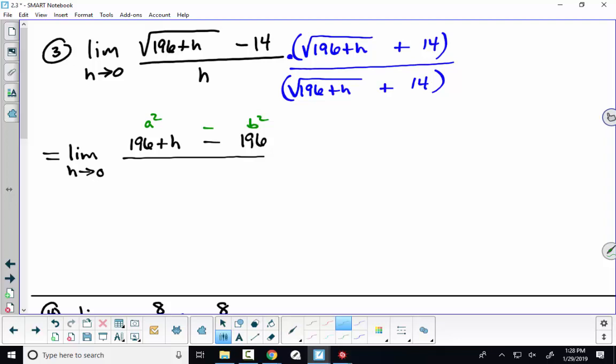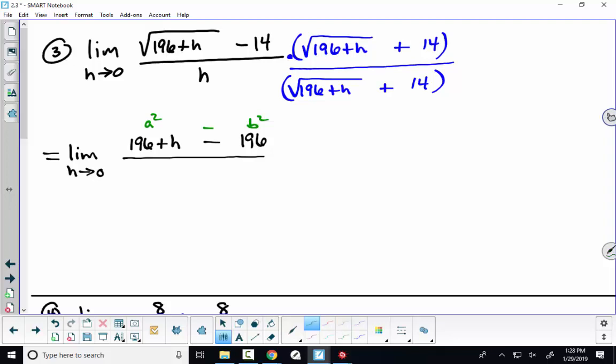If you multiply those out by making the grid, or if you have to write out FOIL, or whatever you do to multiply those out, I don't think there's a right or wrong way to do that. So however you do it, just do it that way. So we should get 196 plus h minus 196.